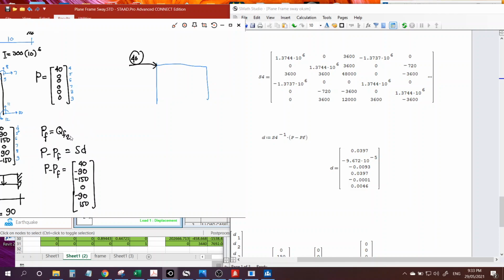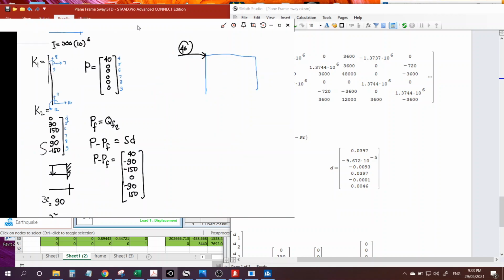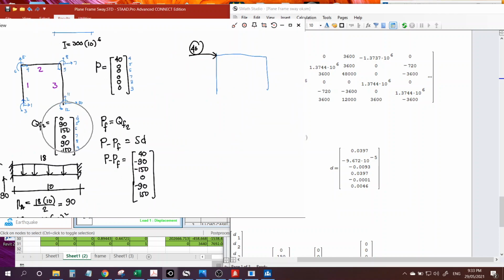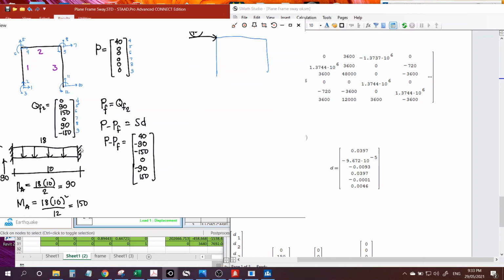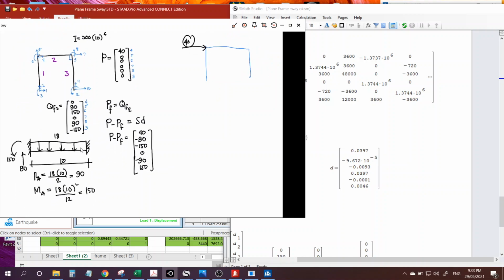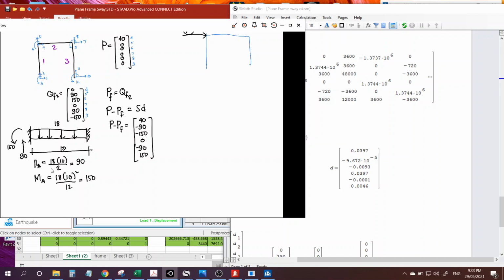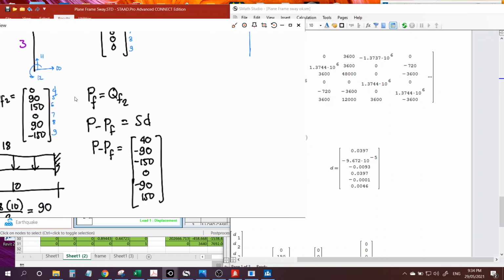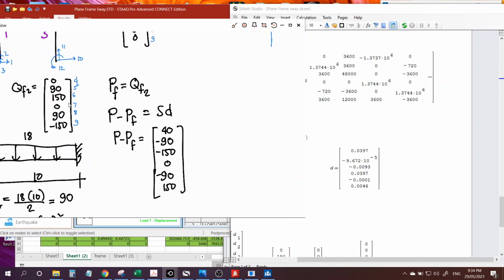So our Q sub F is this one. WL over 2, WL squared over 12, 90, 150.